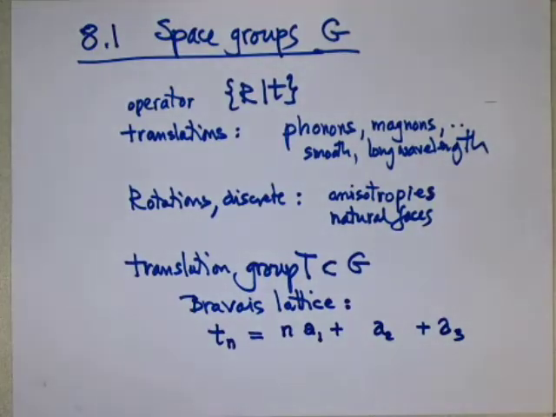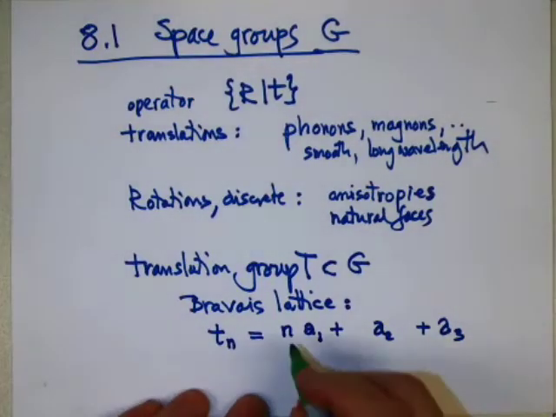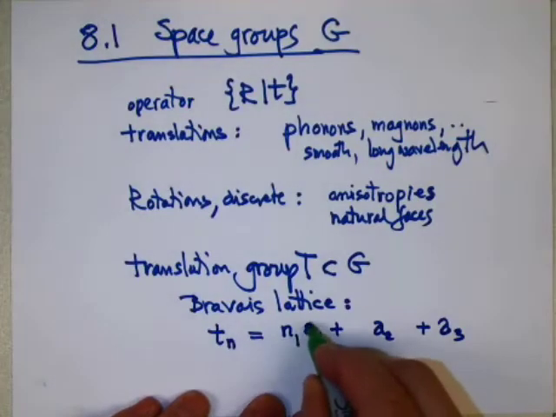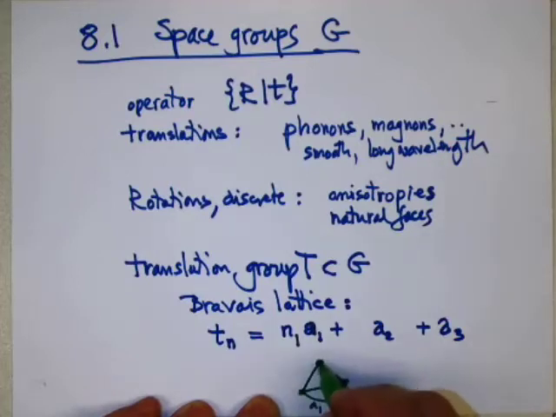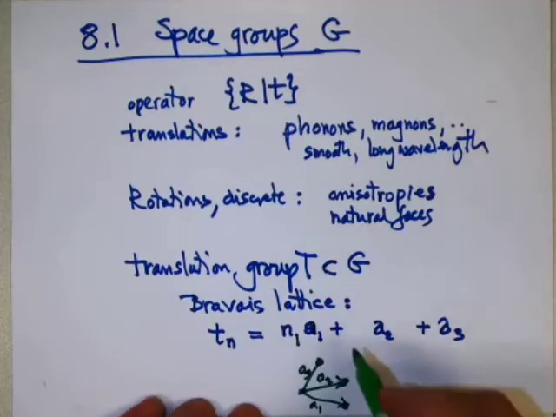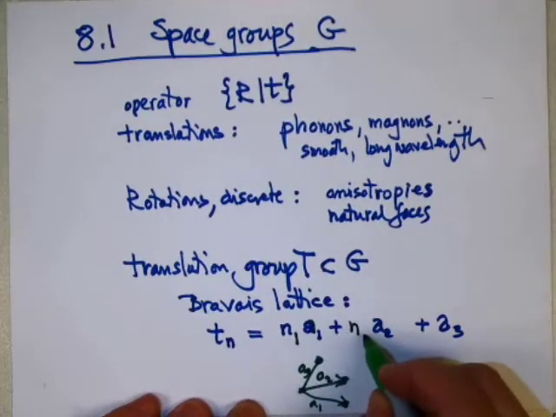It's a little vector which is the shortest distance between atoms and the lattice. And then we can go to any integer lattice spacing. So n1 is the number of lattice spacings in crystal direction A1. Same in second direction. So that leads us to the notion of the unit cell.